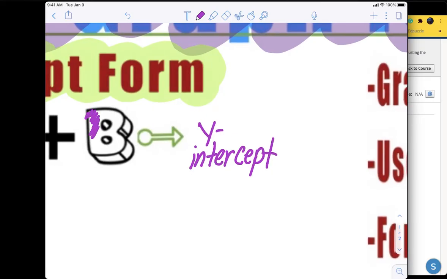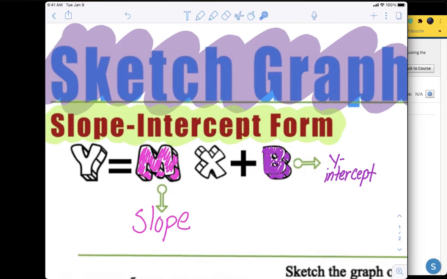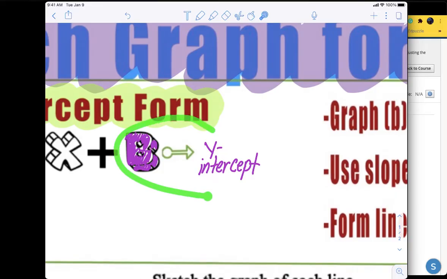And let me color this b here, just like this. This is b. And b is at the end of our equation, and b represents the y-intercept.